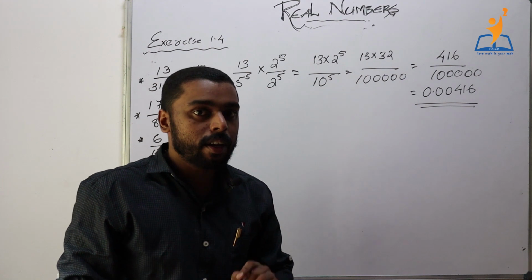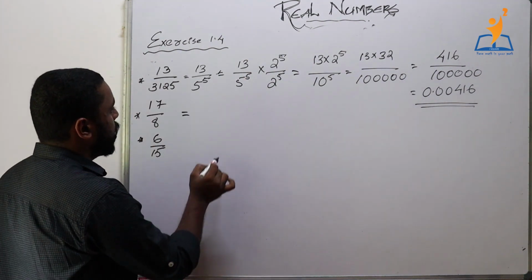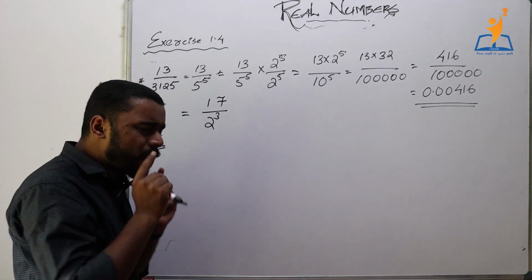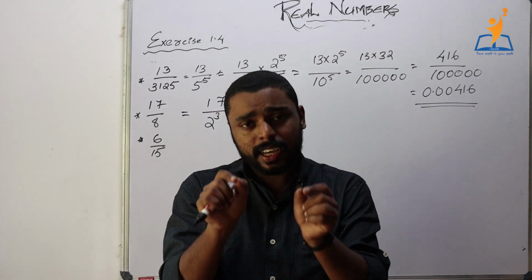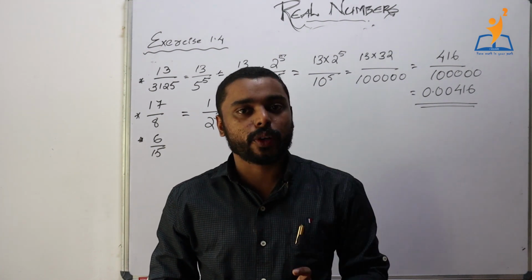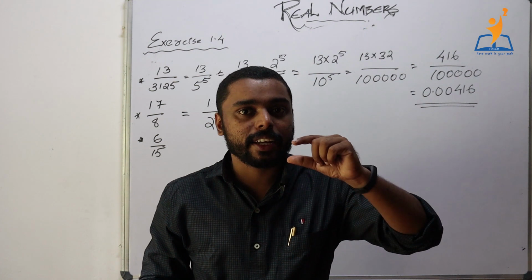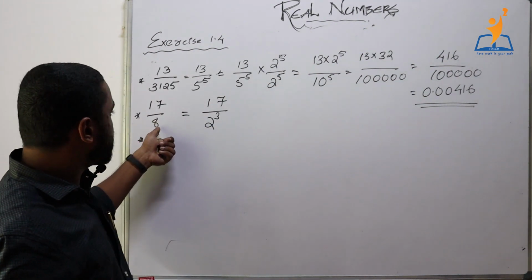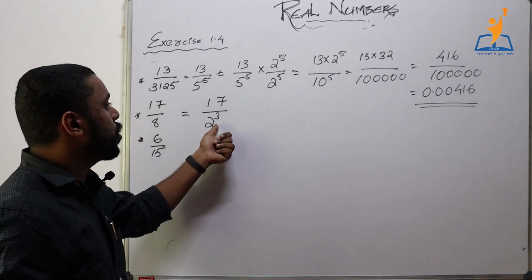Is it clear? Now we shall look into the next question. 17 by 8. We have 17 by 8 is nothing but 17 by 2 cube. Always remember that whenever we want to find the decimal expansion of a rational number of the form p by q, we should transform the denominator into the form 2 raised to m into 5 raised to n. Now here it is 8. When we factorize it into prime factors, it is equal to 2 cube.